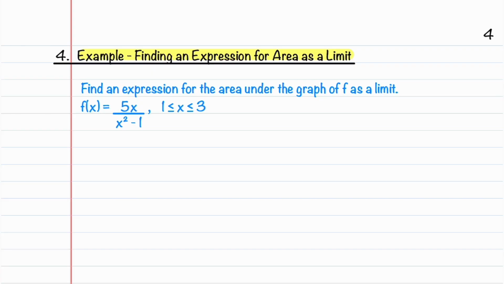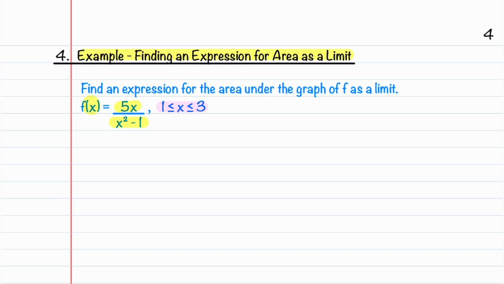The function that we're given is f of x is equal to 5x all divided by x squared minus 1, and we're told that x is greater than or equal to 1 and less than or equal to 3. The way to solve this problem is to start by writing down the formula for the area under the graph of a function using limits.